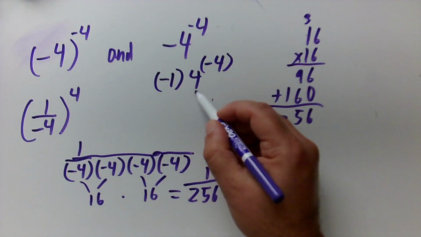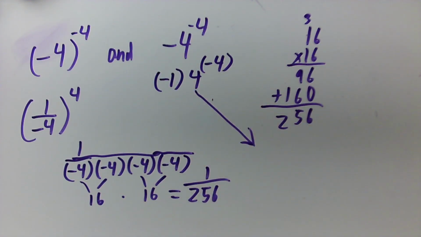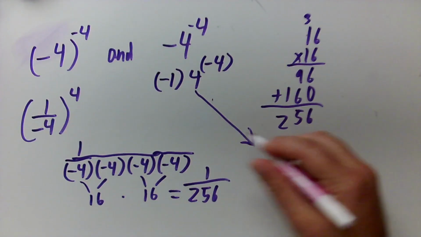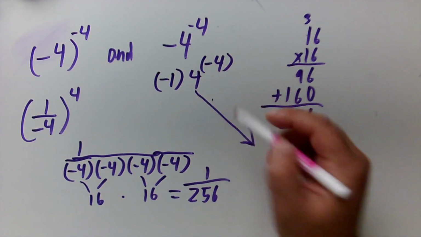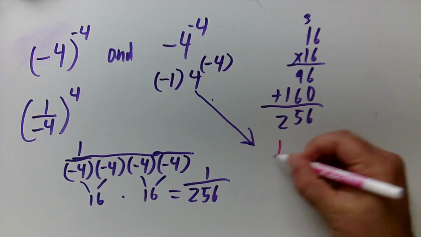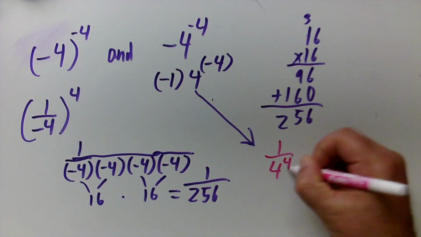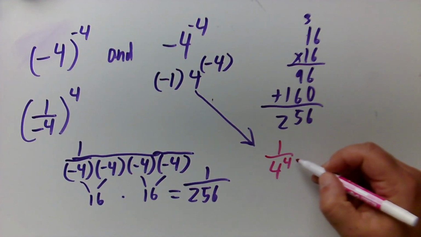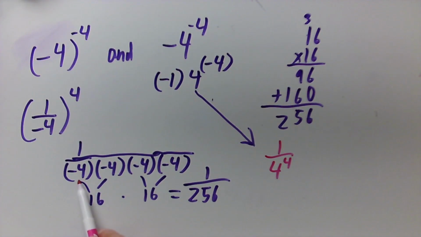Let's evaluate this one. Go with the pink for this one. So we're just going to evaluate 4 to the negative 4. So that's going to be 1 over 4 to the 4th power. And we know that negative 4 to the 4th power is going to be 256.